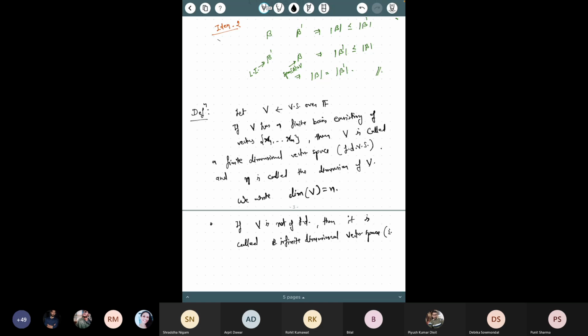I may also use an abbreviation for this. Or you can say, in other words, that if V has an infinite linearly independent subset, then V is called an infinite dimensional vector space. So these two things are equivalent.